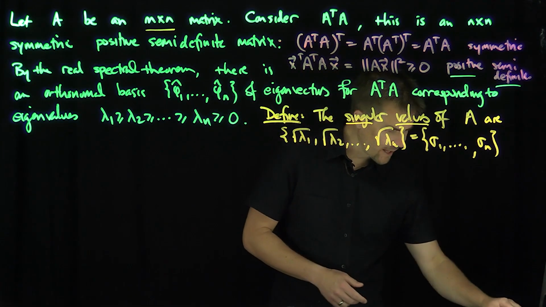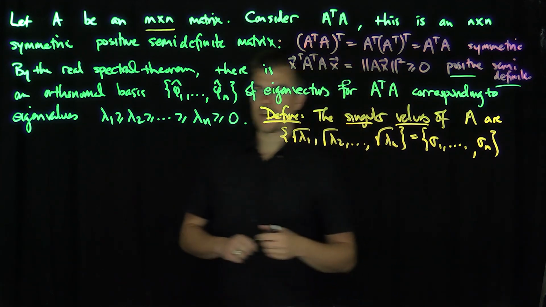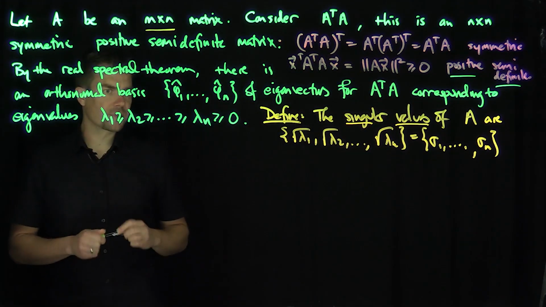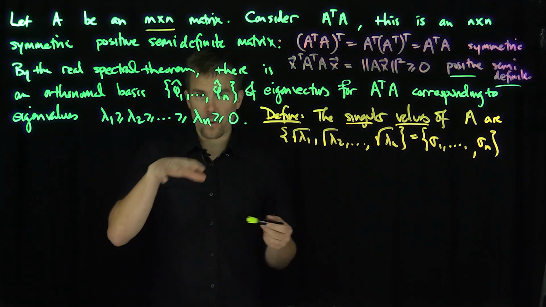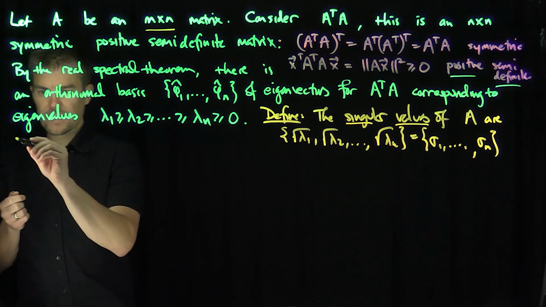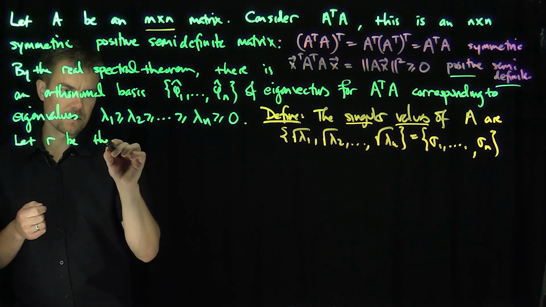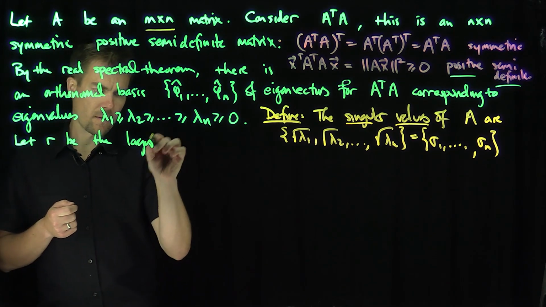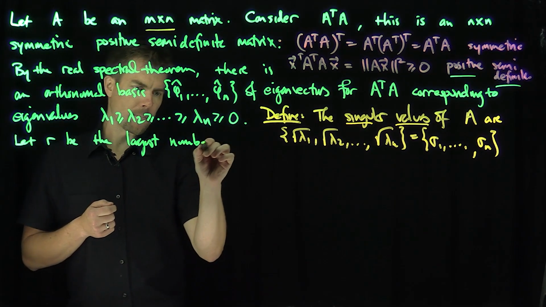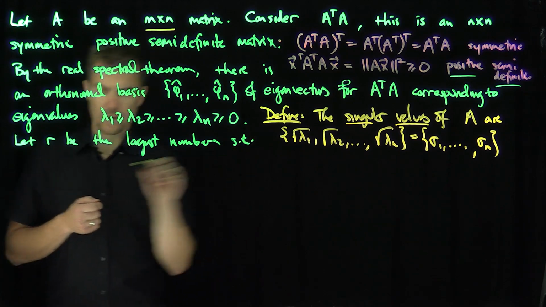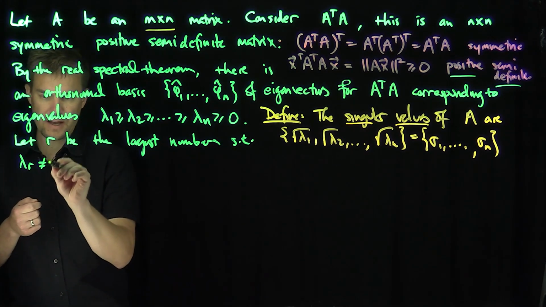Great. Now we want to continue with our analysis. One bit of information we want to extract is the following. Let r be the largest number such that lambda r is not equal to 0.